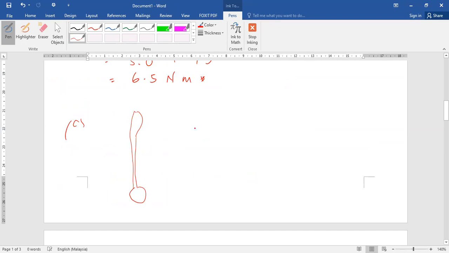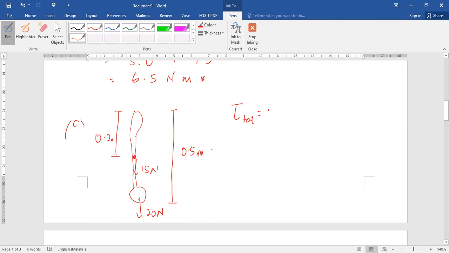Okay, so that means that this will be the 20 Newton, right? The 15 Newton now in this direction, 15 Newton. The distance here to here, how much just now? 0.2 meter. And here to here still equal to 0.5 meter.